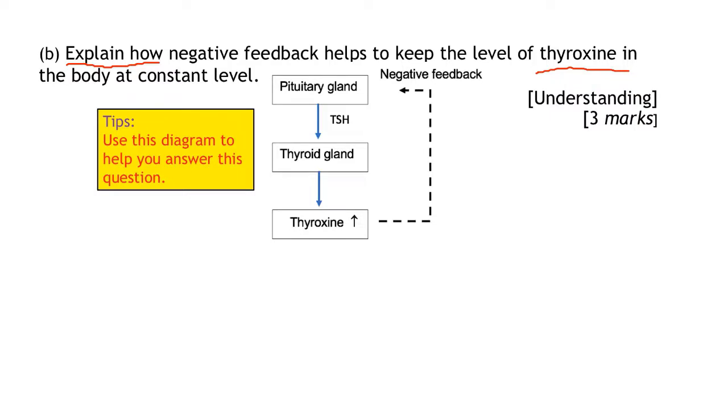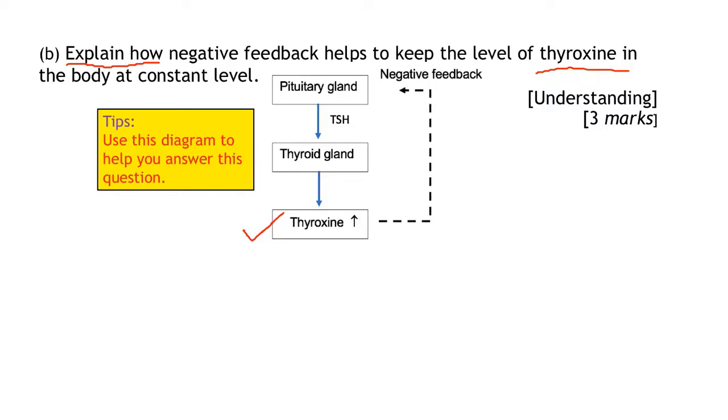You may use this diagram to explain how negative feedback mechanism is carried out to keep the level of tyrosine at constant level, which means that you can refer to this diagram at here.